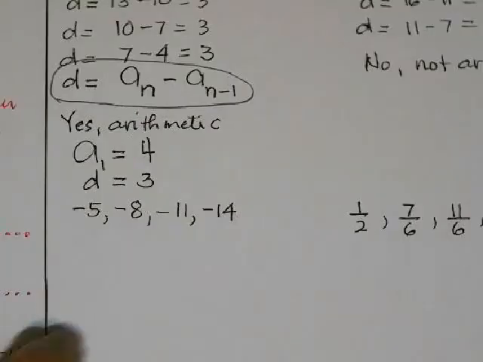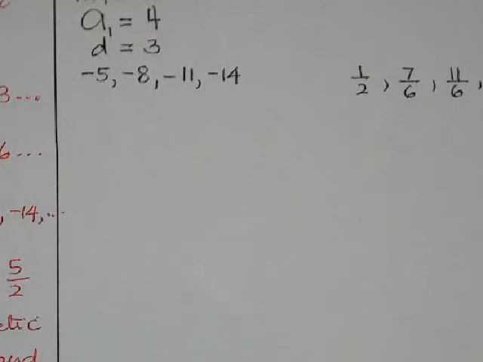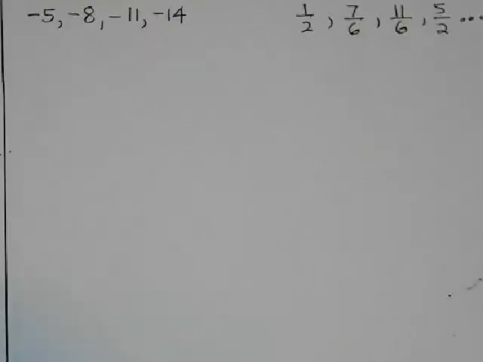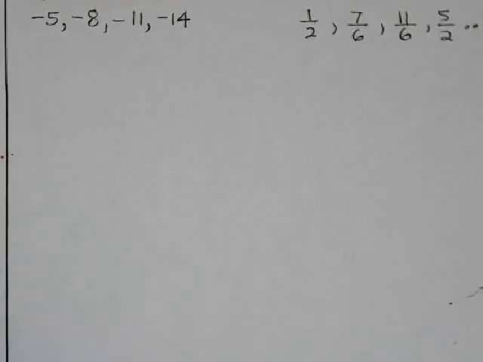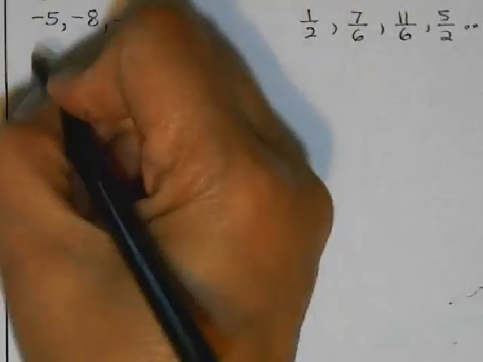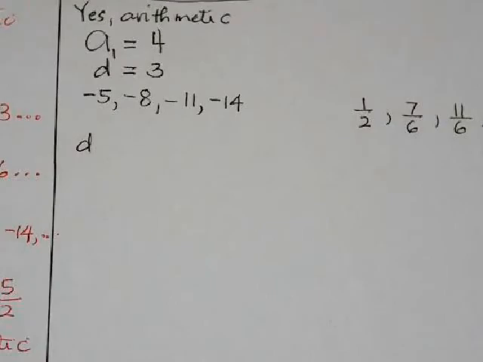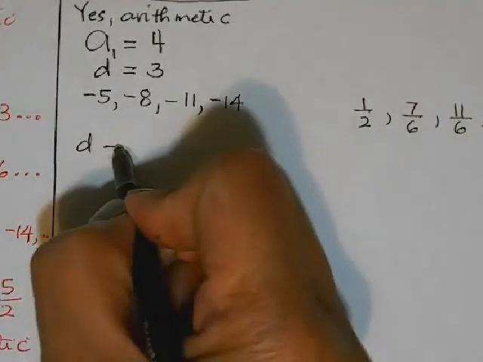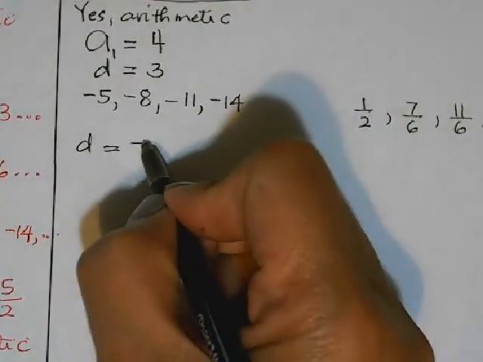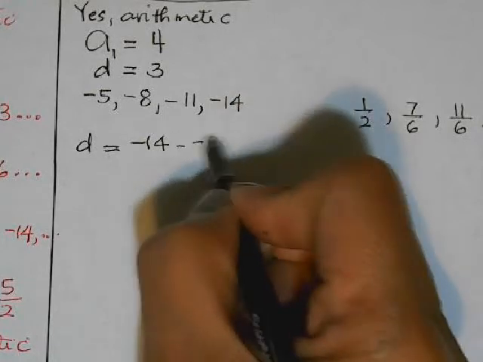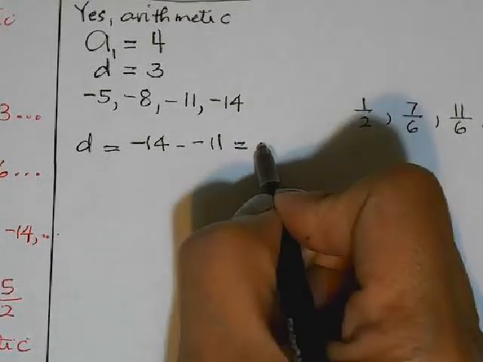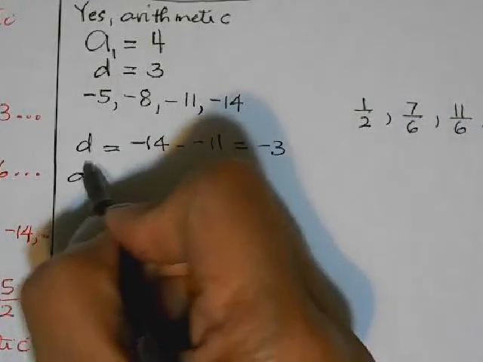Let's go to this one. Try to pause the video and do this. So let's put this to the test. d is equal to negative 14 minus negative 11, so that will be negative 3.